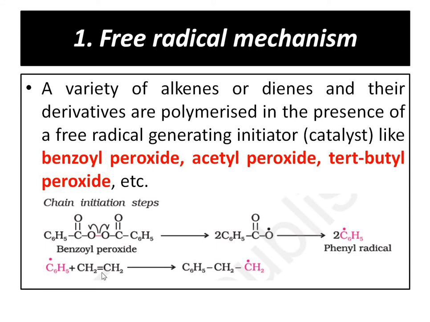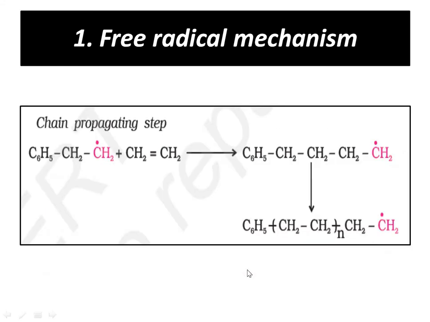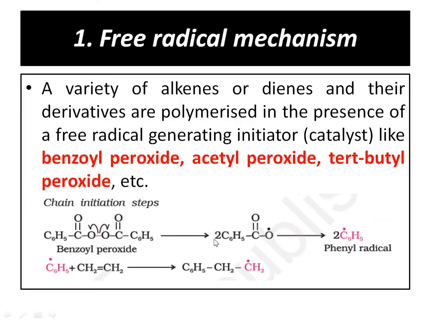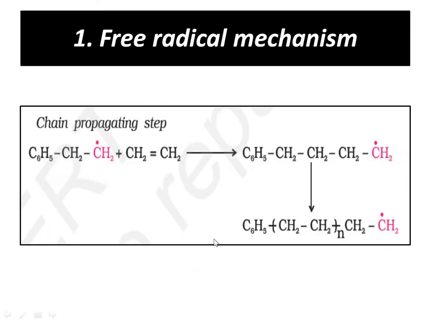This phenyl radical will combine with ethene and form the ethene monomer with a free radical. This was the chain initiation step. Now we have to propagate this step, so it is called the chain propagating step. The ethene with the free radical, we take one more molecule of ethene.